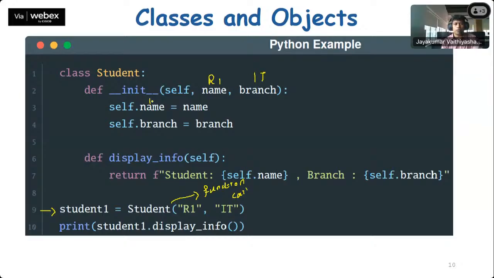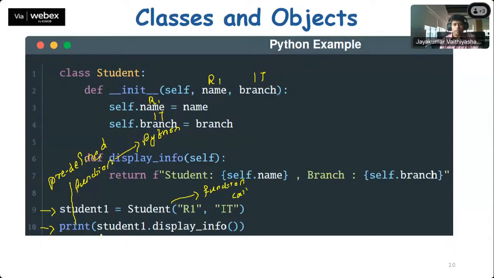R1 is stored here, IT is stored here, and then you are going to call a function called print. This is a predefined function. All these meanings are already written in Python, so no need to worry about this.